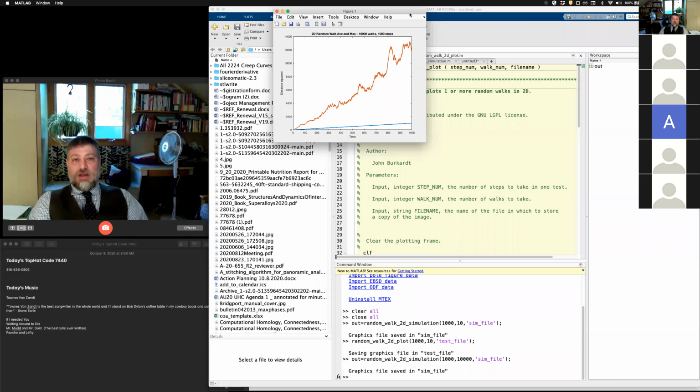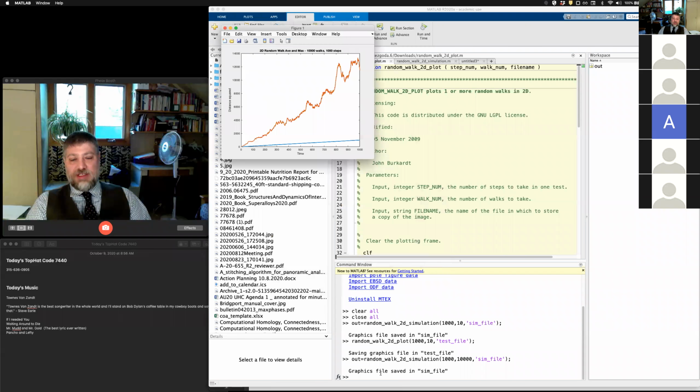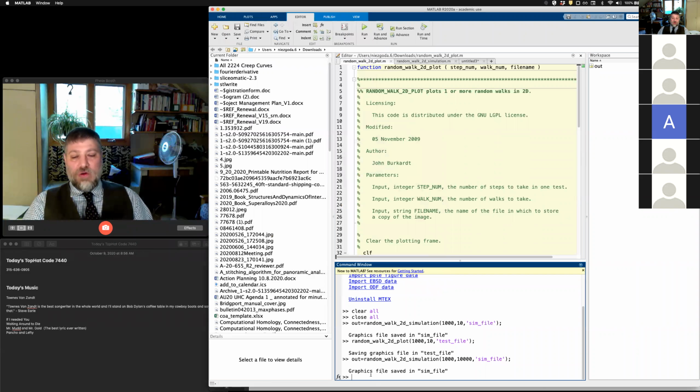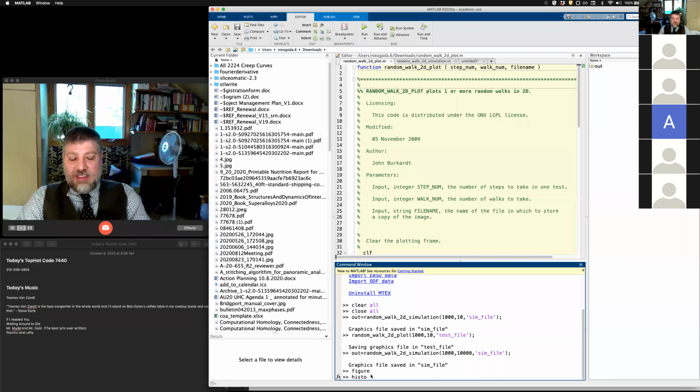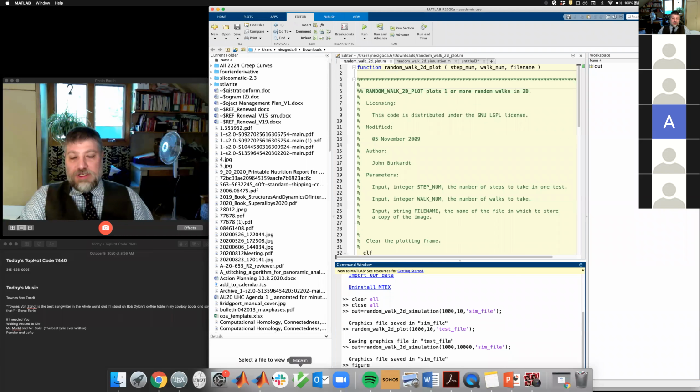So what this is showing here, actually, I'll explain that in just a second. Let's take a look at just the x coordinate of where all the positions ended up.